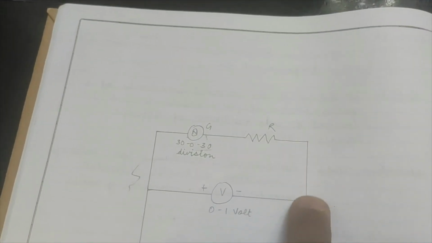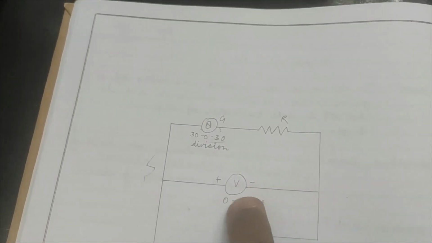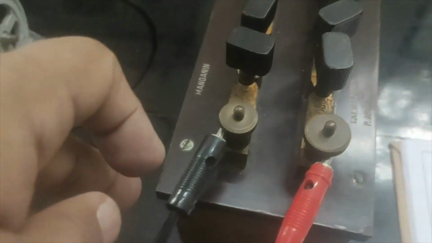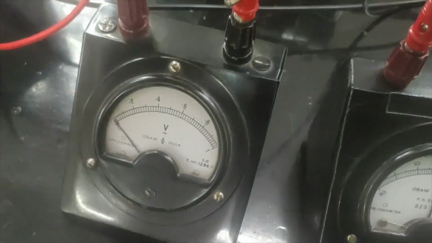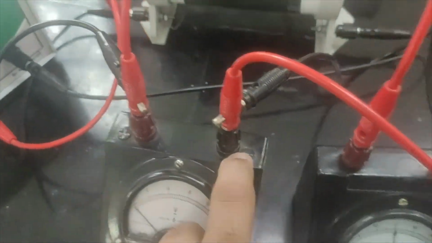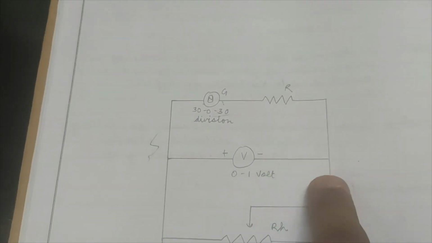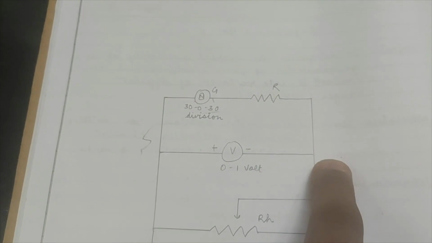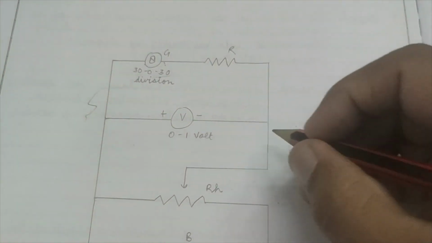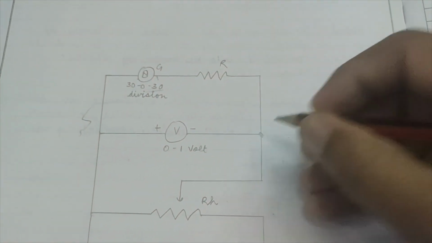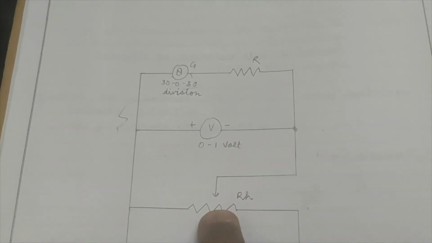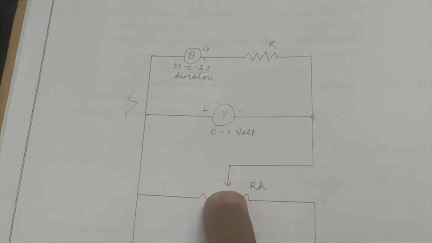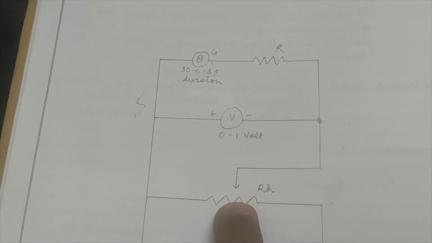The other terminal of this resistance box is going to the negative of the voltmeter. This is a common point, so from the negative of the voltmeter it goes to the connection on the rheostat which is above.